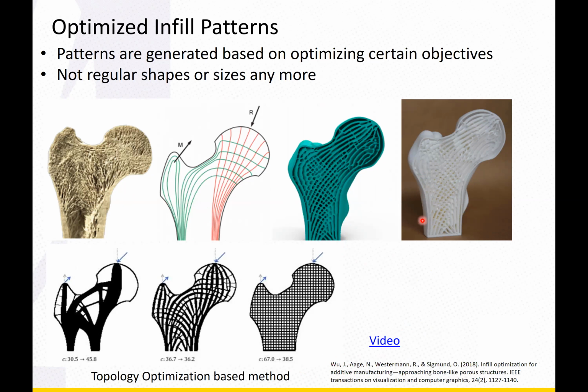Another contribution he made is, instead of generating a very sparse structure like this, he added another constraint, which is called the volume constraint. That makes you generate relatively dense patterns for each layer, because the infill could not be too sparse.